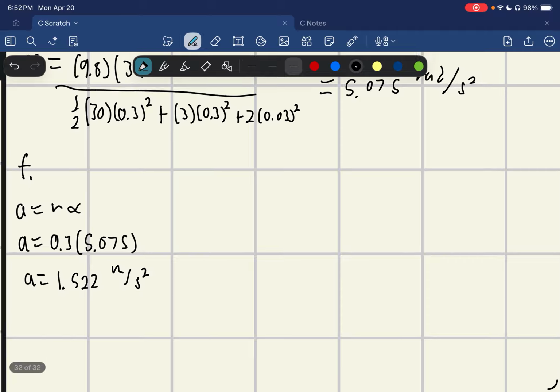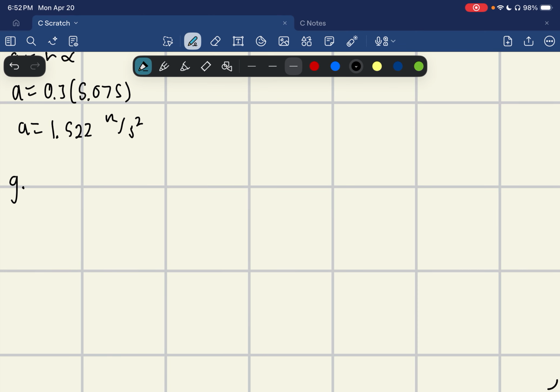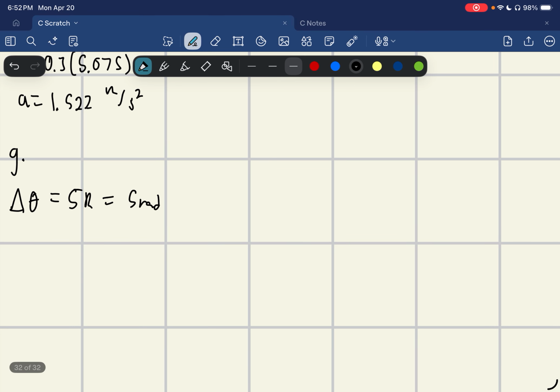Okay. G. G asks us to calculate the kinetic energy of the cylinder after M1 has fallen over a distance equal to 5R. So we know that its displacement is equal to 5R, and if you convert that, it would just equal 5 rads. And here I would use the kinematic form to isolate for omega f.